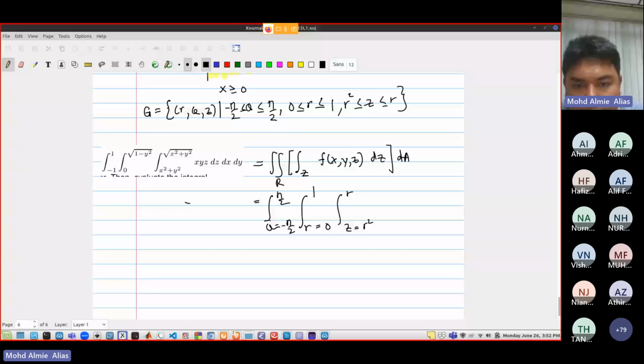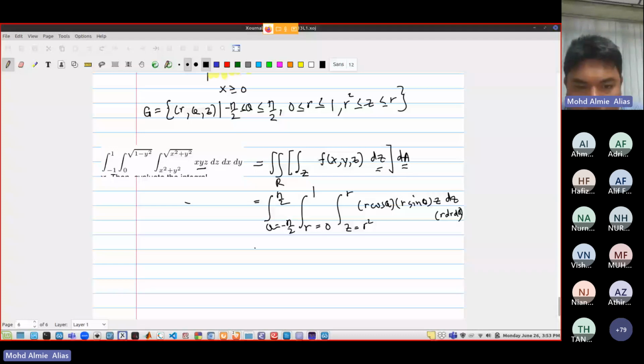And then x is r cos theta, y is r sine theta, and z is still z. And then we have dz, and then dA, which is r dr d theta.